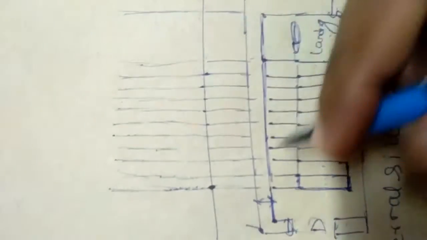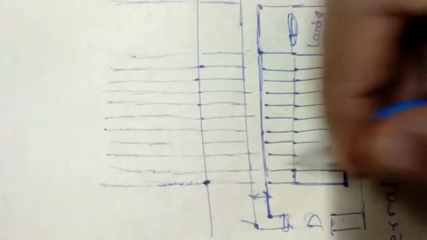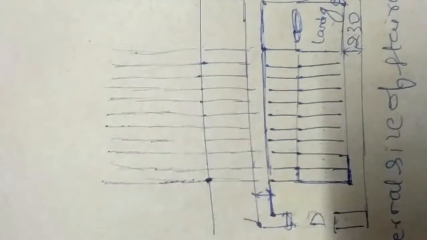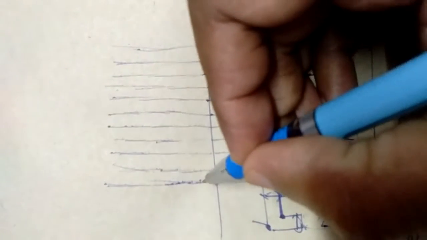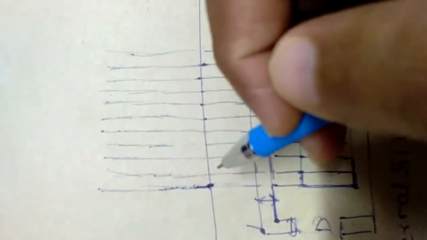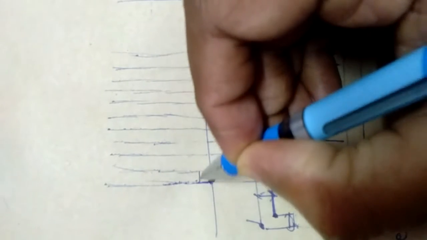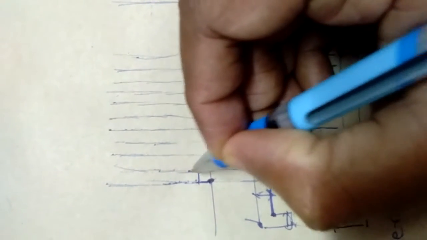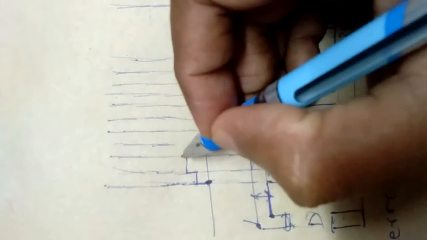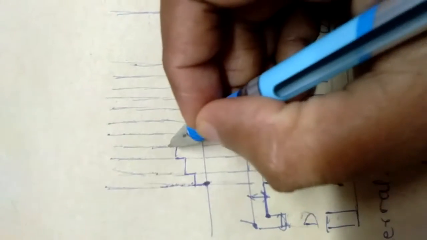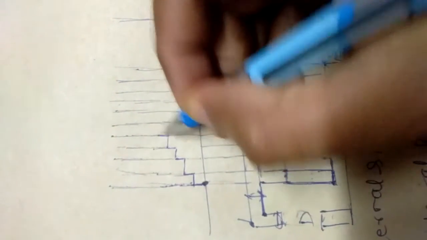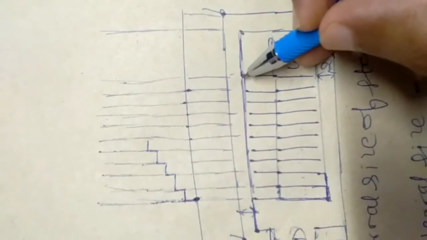Now what we are going to do here is start at this point. This is the step. Start at this point. This is the first step, 150. Then this is 250. Again 150, 250, 150, 250, like this. Continue up to this portion.